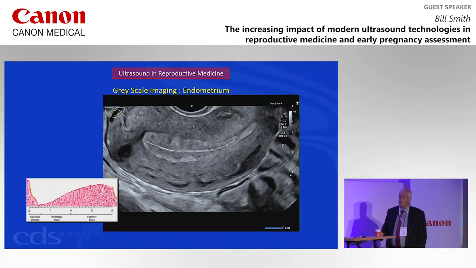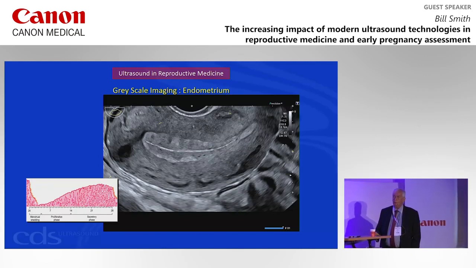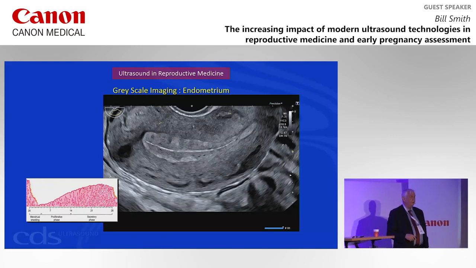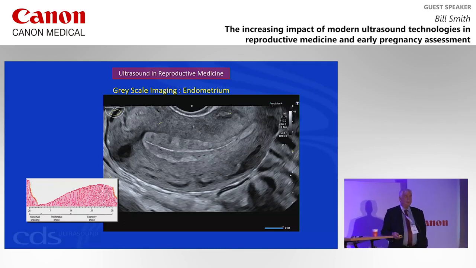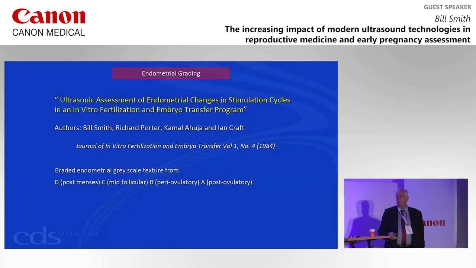Our grayscale appearance of the endometrium reflects diffuse glandular changes within the stroma of the endometrium. We see the glands proliferating from the basal region towards the superficial region. These are the kind of images that we should be looking at with our grayscale imaging.